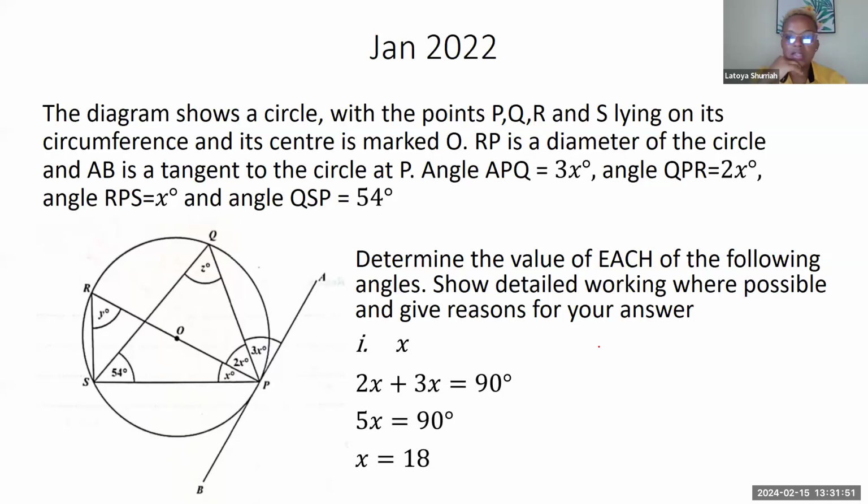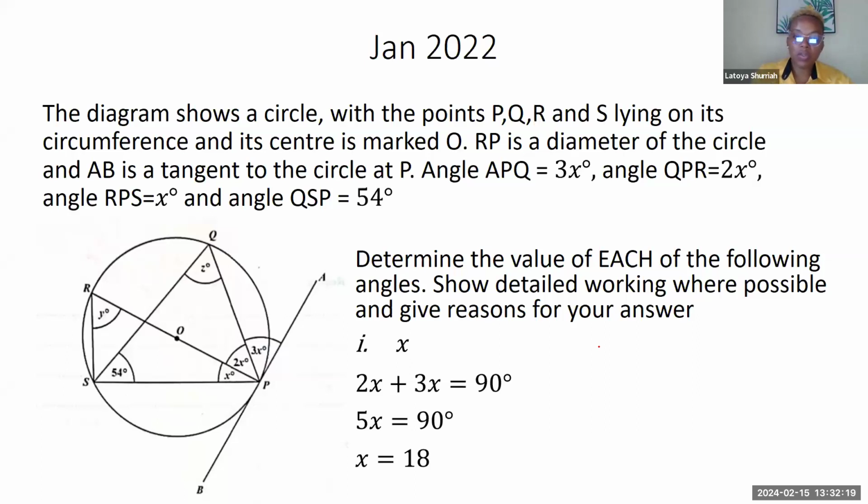One way is to look at 3x being equal to the 54 degrees, because, as someone said, the 54 in the alternate segment would be equal to the angle formed between the chord and the tangent. Very good.